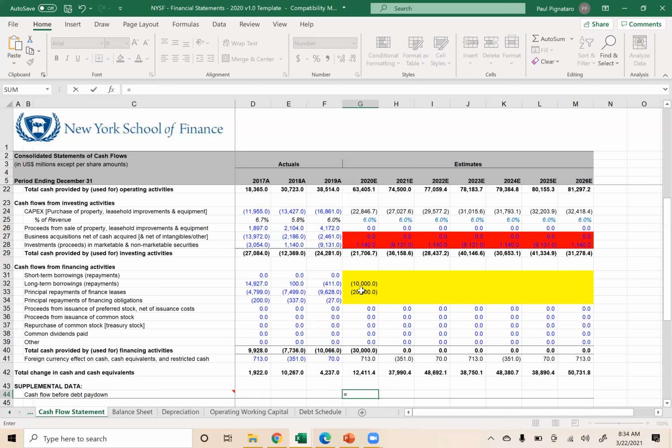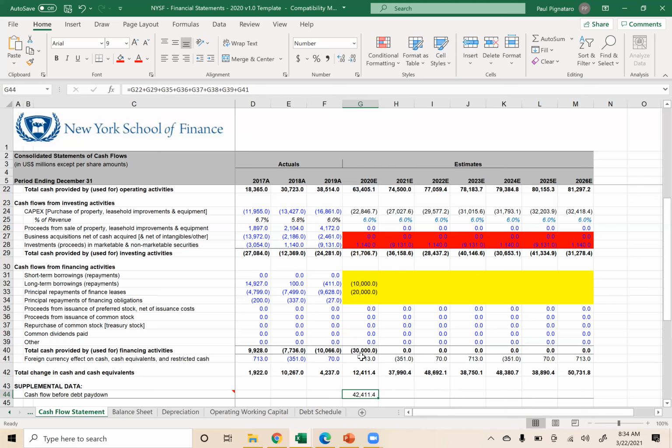So, in other words, cash from operating activities plus cash from investing activities plus each and every individual line item like this. Boom. So I'm excluding, no circular reference here.